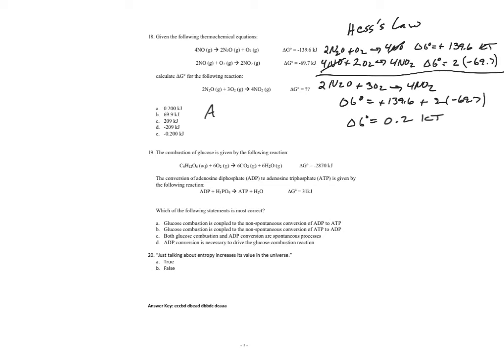Glucose combustion is coupled to the non-spontaneous conversion of ADP to ATP. Glucose combustion is coupled to the non-spontaneous conversion of ATP to ADP, or both glucose combustion and ADP conversion are spontaneous, or ADP is necessary to drive the glucose combustion.